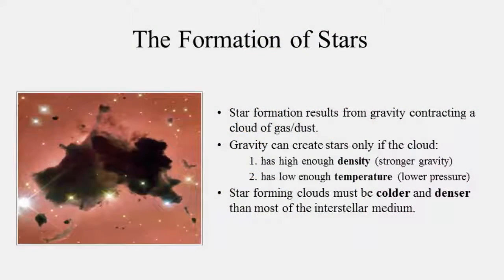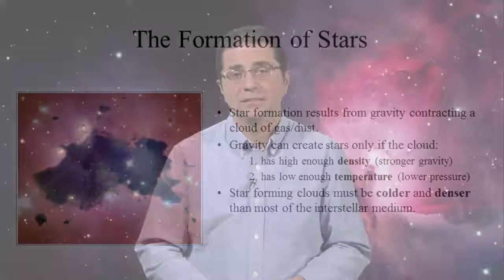So thus you can see we need a relatively high density and a relatively low temperature. So as astronomers want to study places where stars form, they naturally focus in on clouds that are cold and dense.